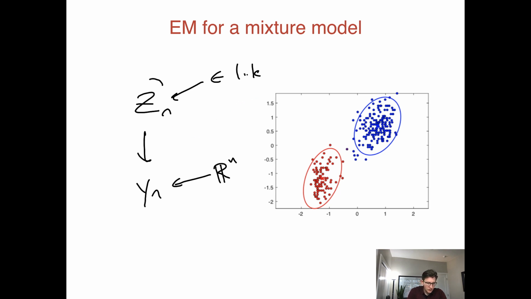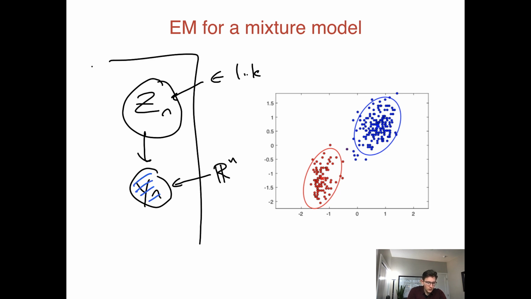So again, we're imagining that z is unobserved and y is observed for a bunch of examples n in 1, 2, up to big N. So this is our mixture model.